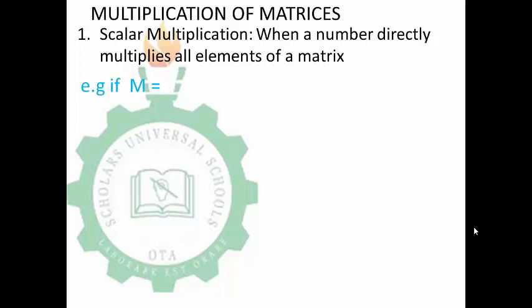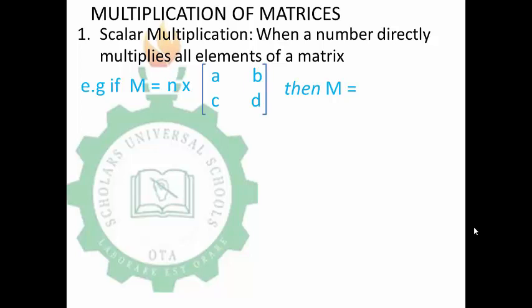If M, for example, is a matrix which is defined as N multiplied by matrix A, B, C, D, we assume that the elements of the matrix are A, B, C, D, and N is an ordinary number such as 1, 2, 3.